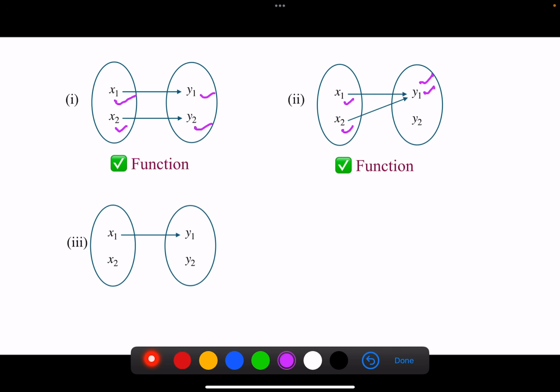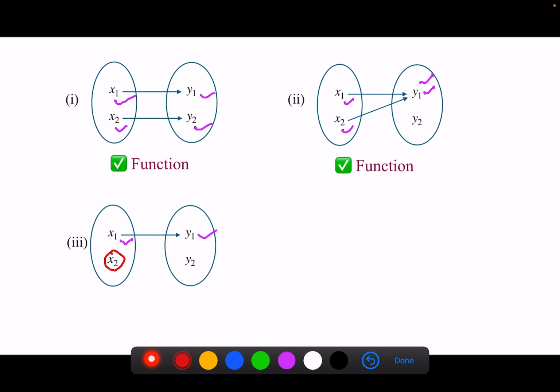In the third diagram, the element x1 has unique image y1, but element x2 has no image. So this is not a function, because the definition of a function says that each element of the domain must have a unique image, but x2 has no image here.